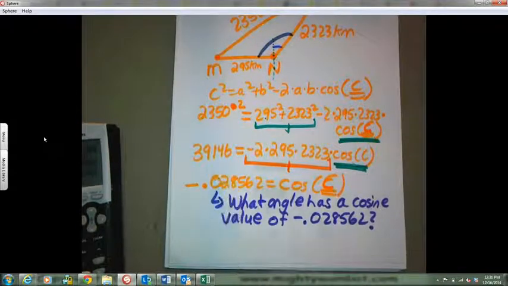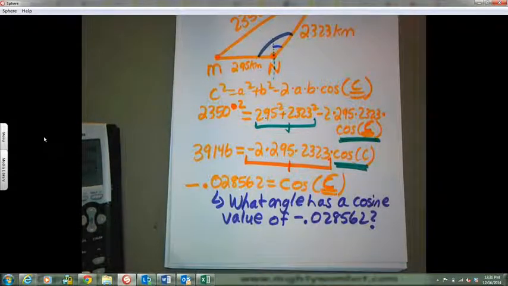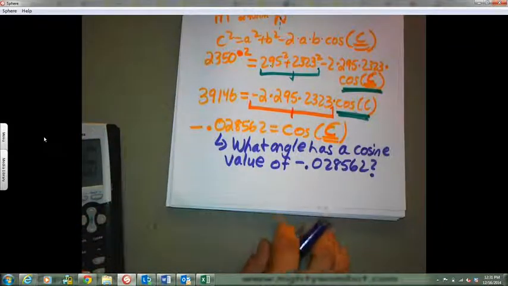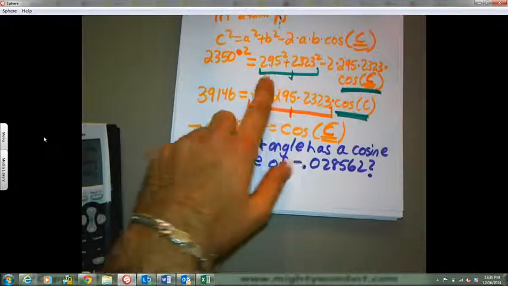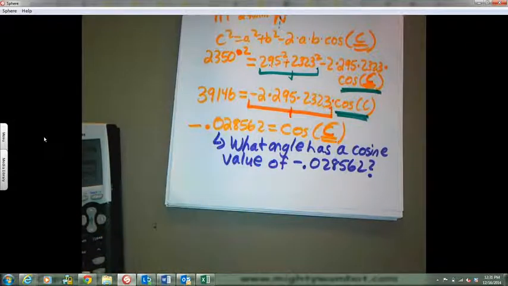I have a question. Yeah, Bren. I got a ton of this, 391. Did you square this 295, and you squared 2323, and you added those up, and then you did 2350 squared? You don't need degrees yet. But you will. No, because we haven't put any angles in yet.